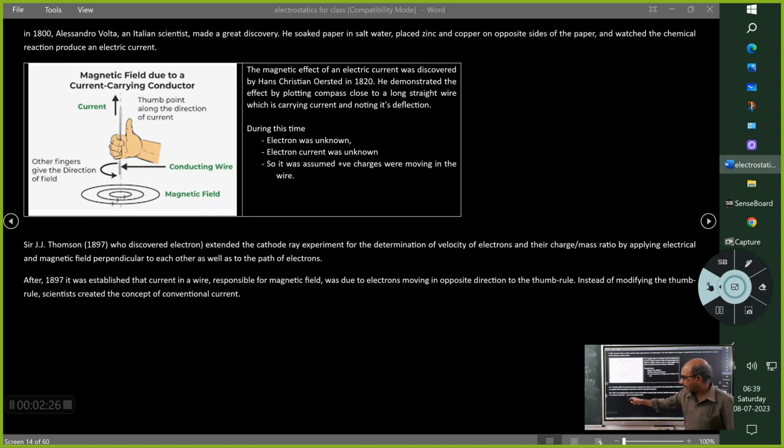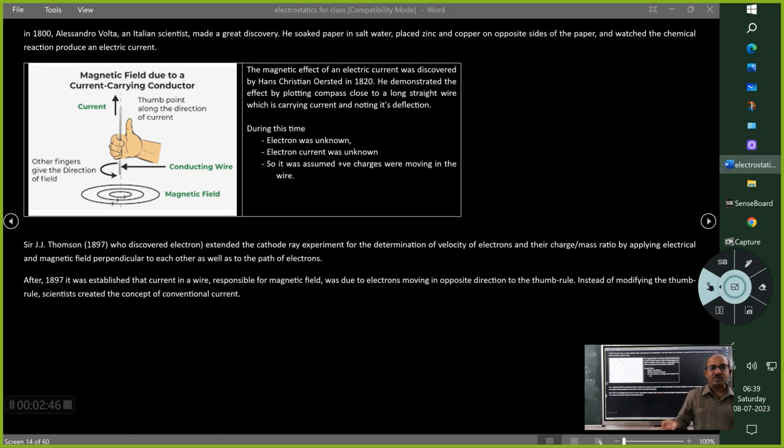After 1897, it was established that the current in the conductor is because of the flow of electrons. There is current flowing, but how was it flowing? They only assumed that positive charges are moving. Actually, positive charges are not moving.